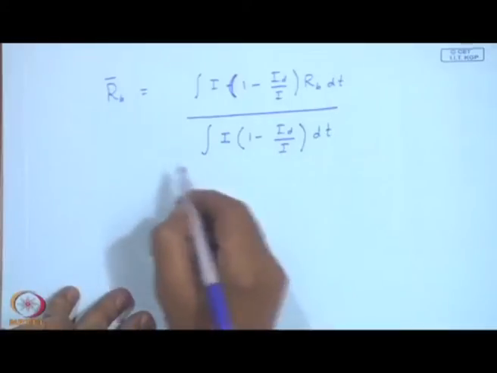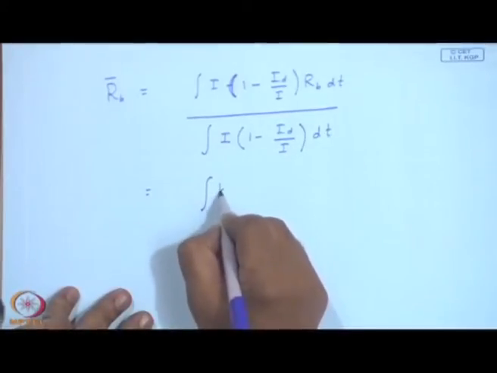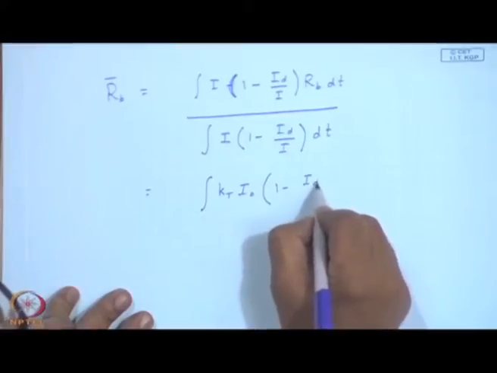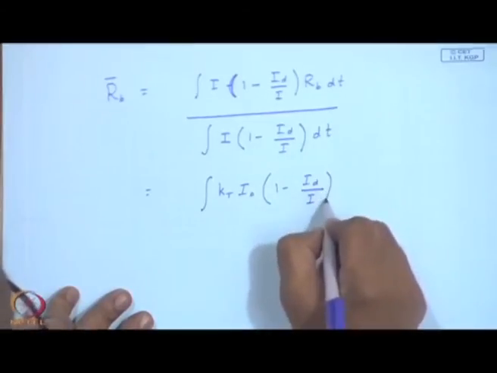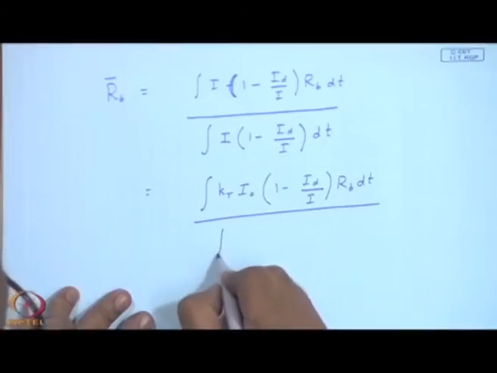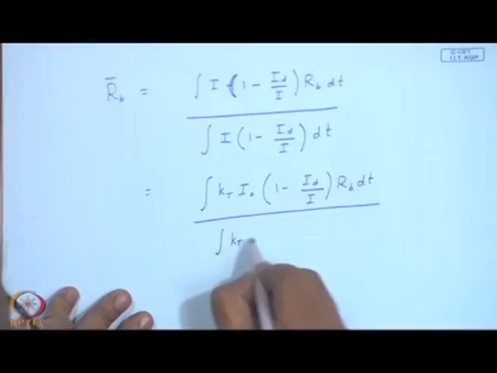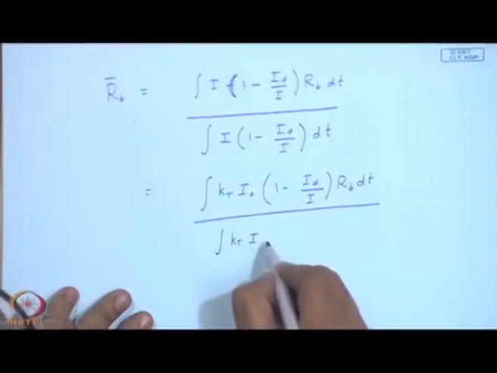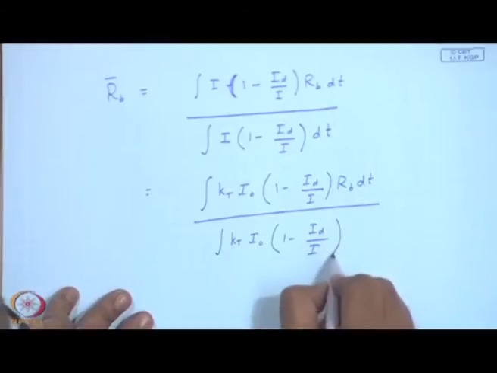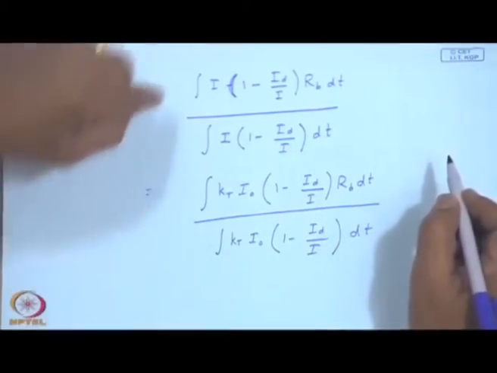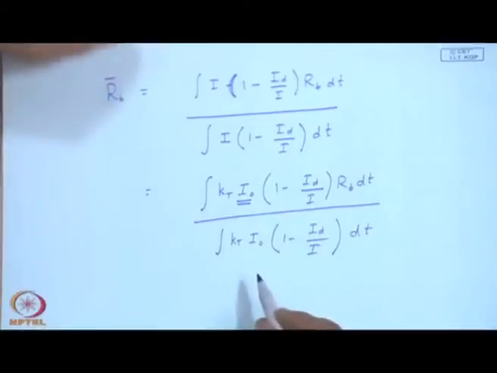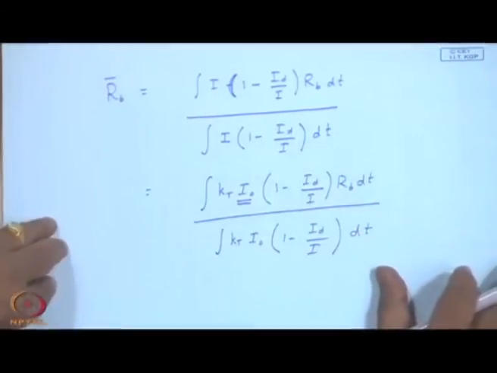Now, what all I have done is the terrestrial radiation is nothing but clearness index multiplied by the extraterrestrial radiation. Everything else is terrestrial still.